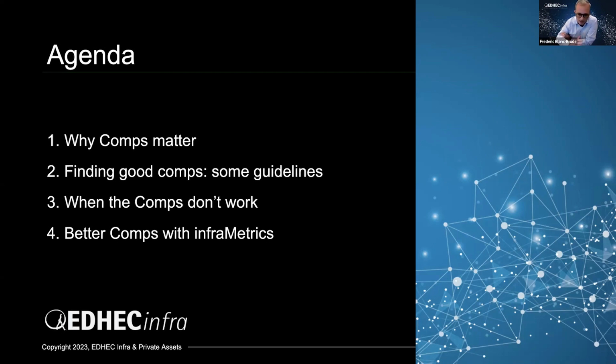You need to navigate different dimensions of what is fundamentally a statistical problem, but I'll try to come up with some clear and simple guidelines to do that. Then Abhishek will talk about two cases. First, when comps don't work. I think he has some good examples of how, even if you have the right data, if you have the wrong approach to comps, then you're going to get the wrong numbers. And then how to do this better using infraMetrics and why.